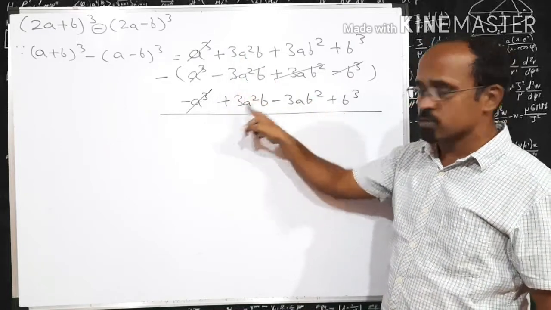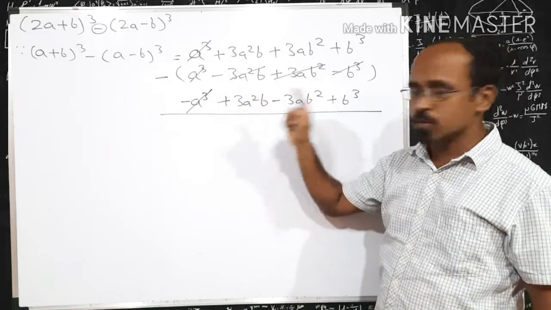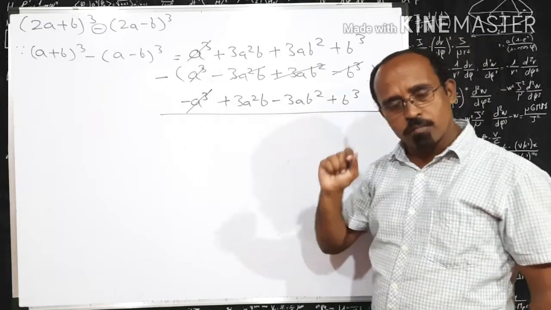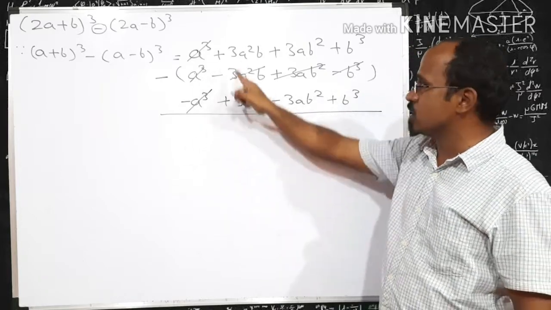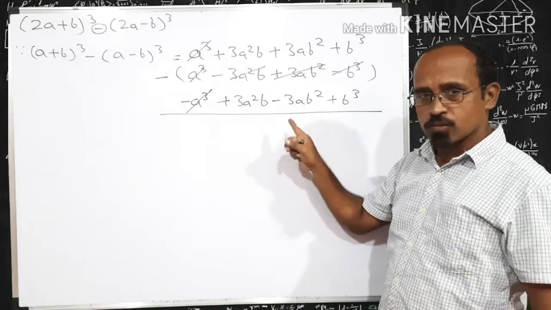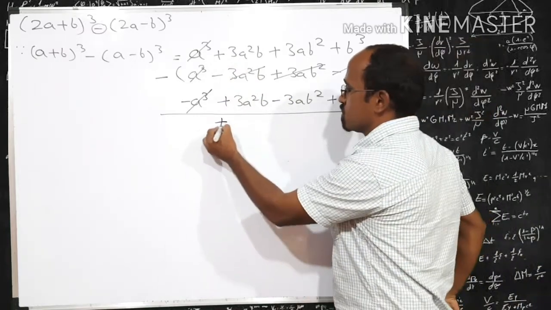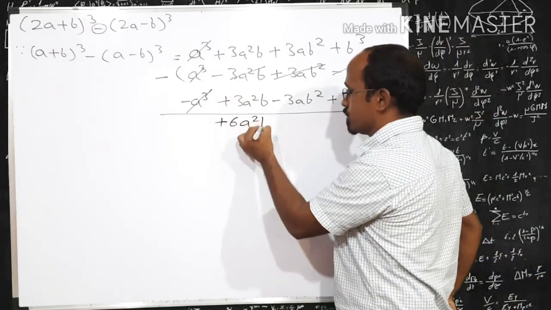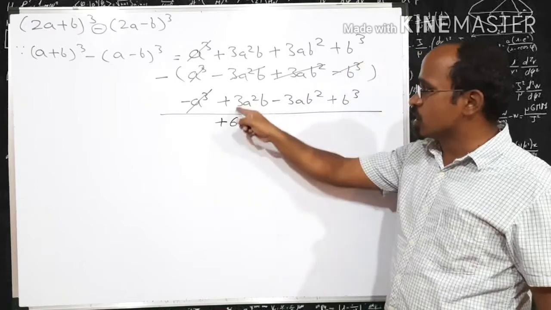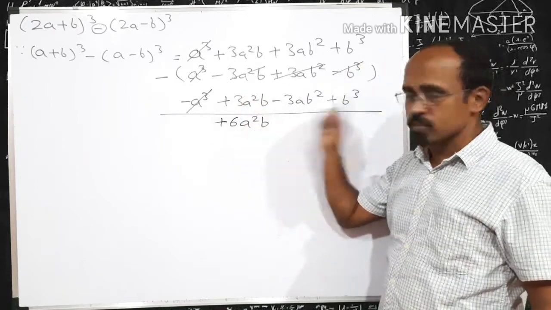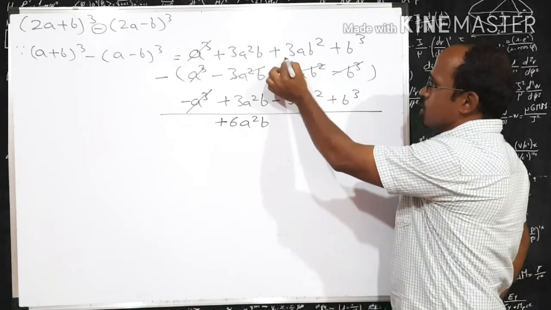Plus 3a²b plus 3a²b are like terms, symbols are the same, so we add them. 3a²b + 3a²b is equal to 6a²b, right? 3 plus 3 is 6, variable with indices as it is.